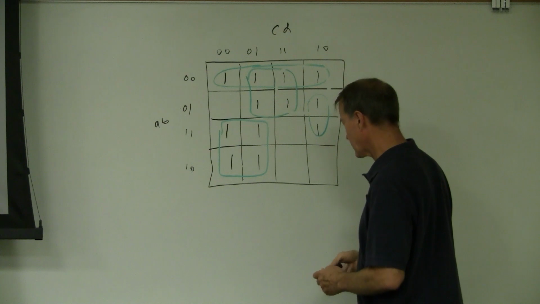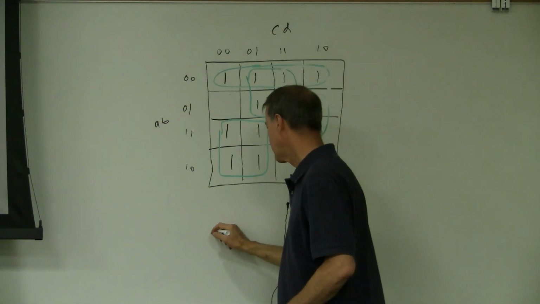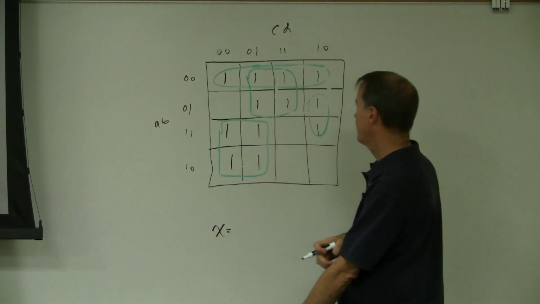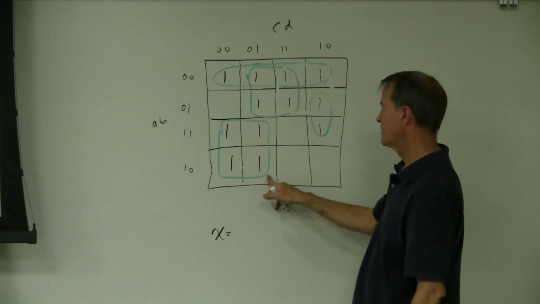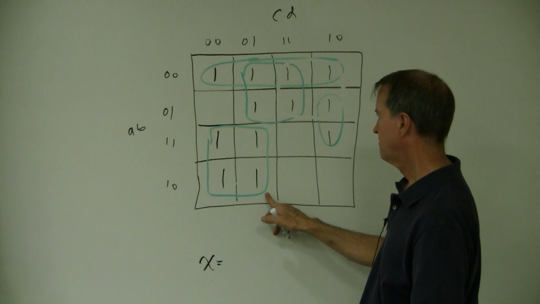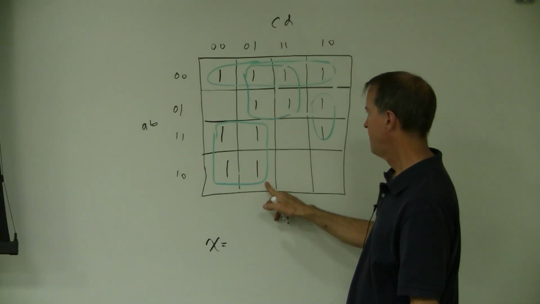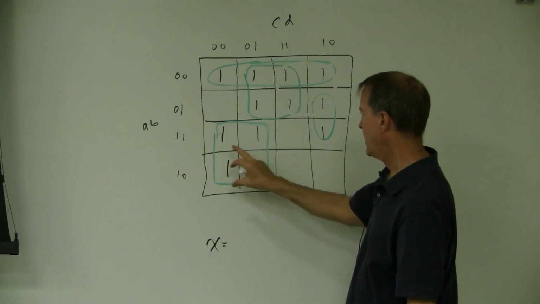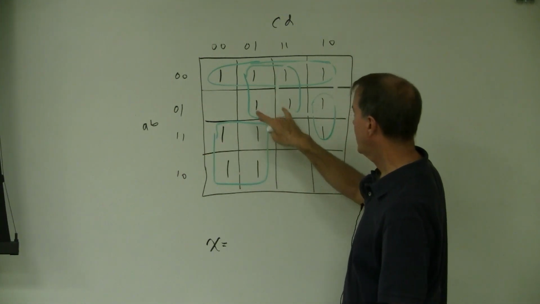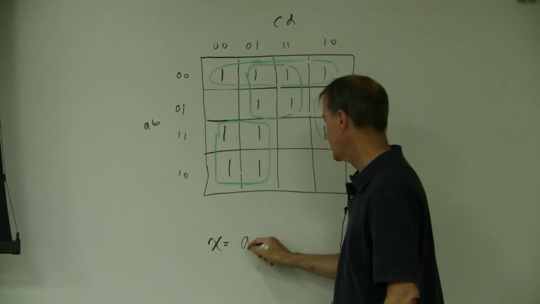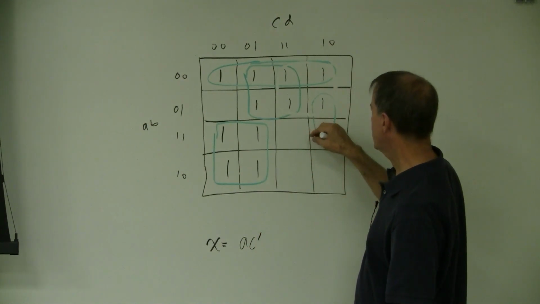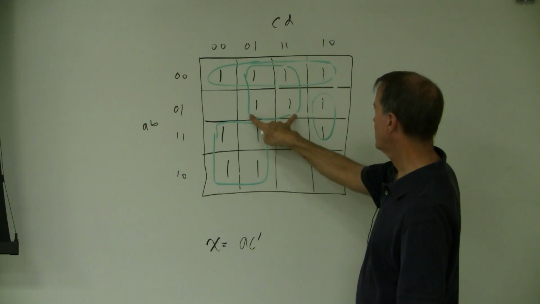All right, and now let's write down the expression. What's this bottom left group? AC prime. Yeah, that's where A is 1, and C prime. Now, what is this group?